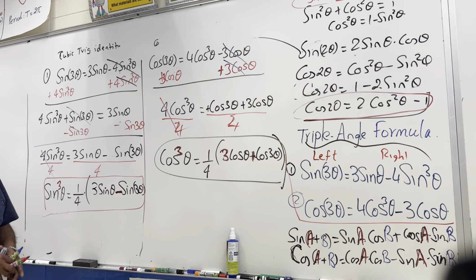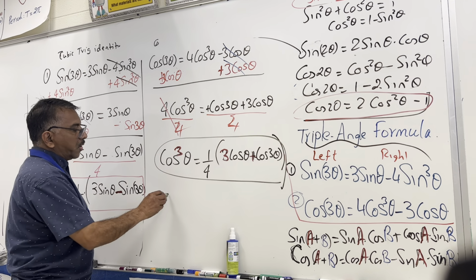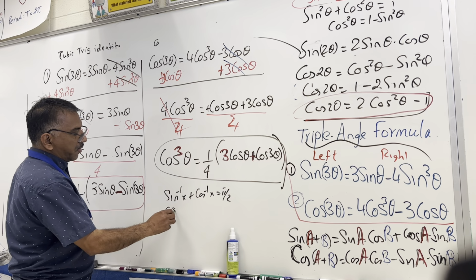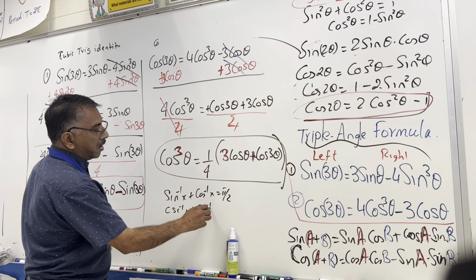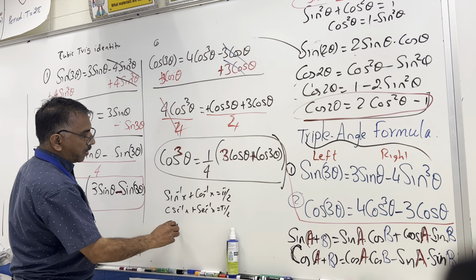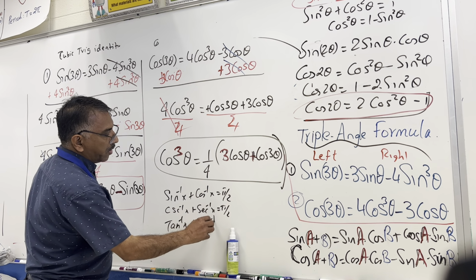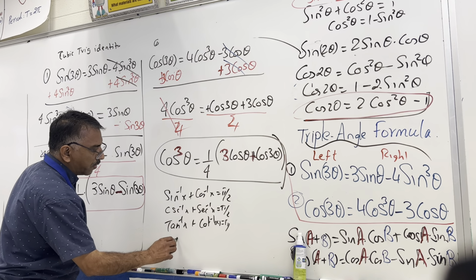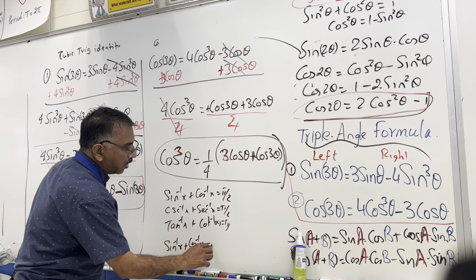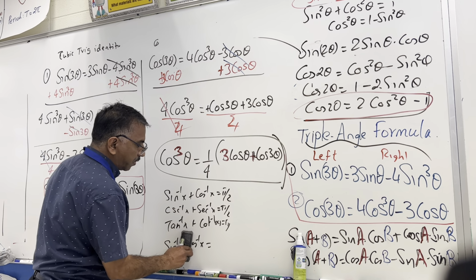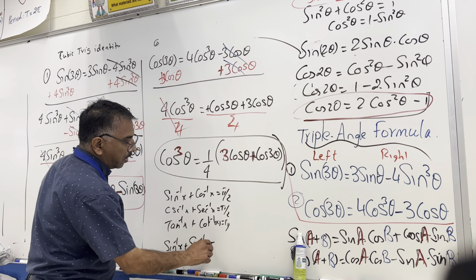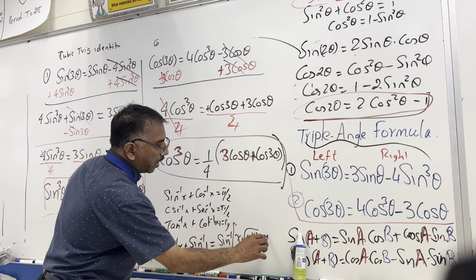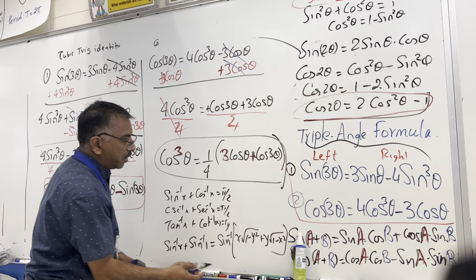In the next video we are going to see why sine inverse of x plus cosine inverse of x is pi by 2, and likewise for cosecant inverse and secant inverse, and tan inverse. We'll see why this is so. We'll also see why sine inverse of x plus sine inverse of y is sine inverse of x root 1 minus y square plus y root 1 minus x square.